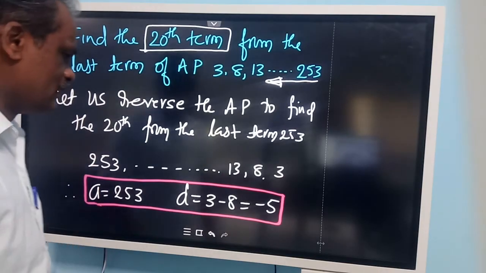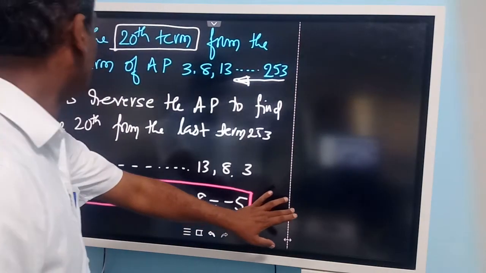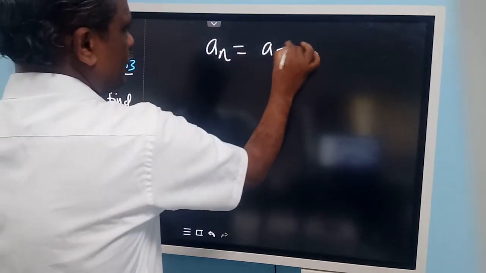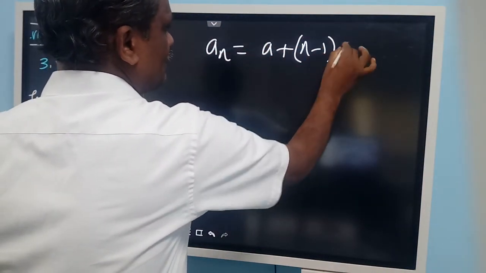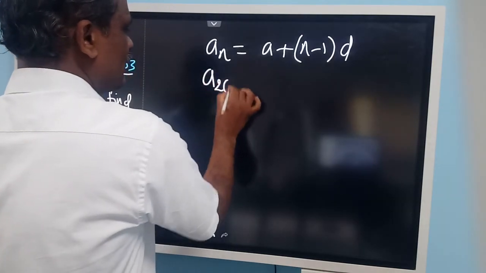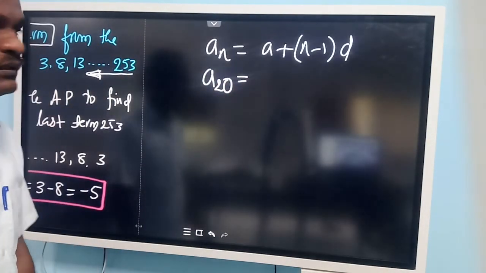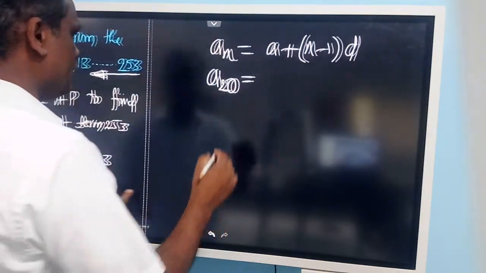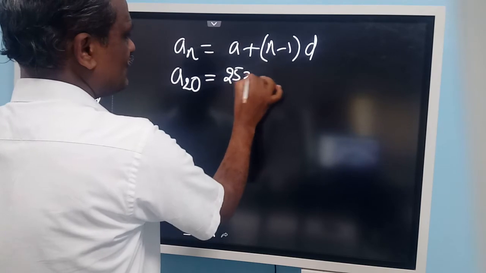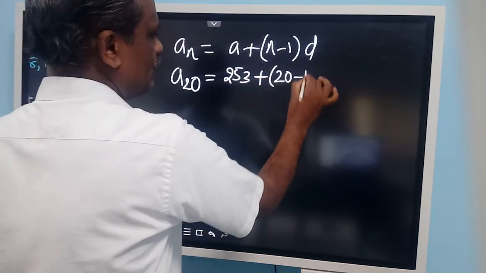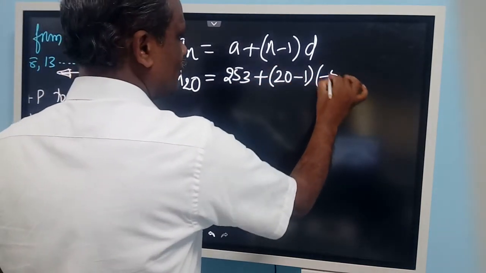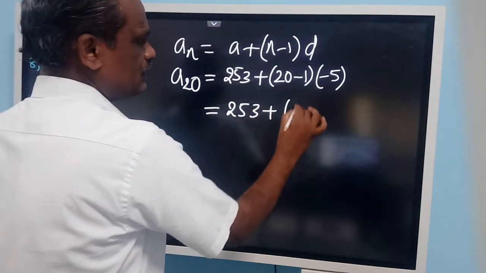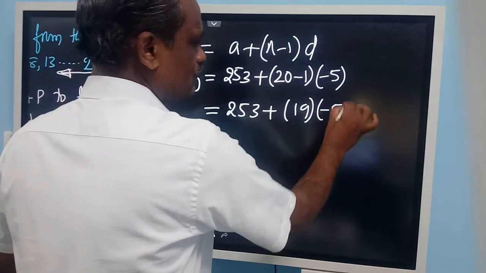So you got the a value and the d value. You can find any term here. We want the 20th term. So let us use the formula An is equal to a plus (n minus 1) into d. We want the 20th term, so let us write A20 here. The a value is 253, so it becomes 253 plus (20 minus 1) into the d value, which is minus 5. So 253 plus 19 into minus 5.